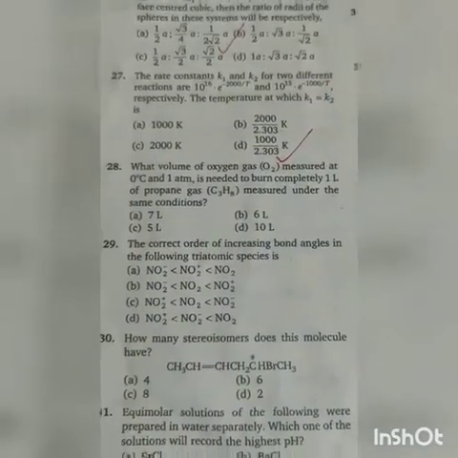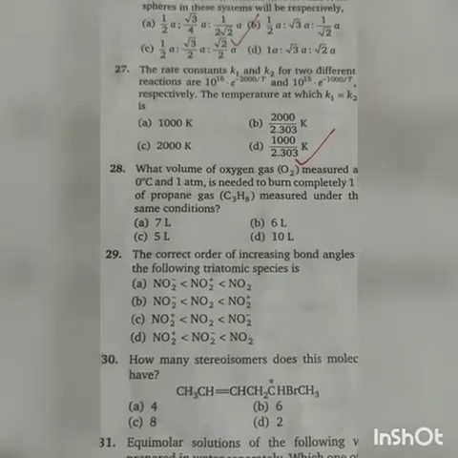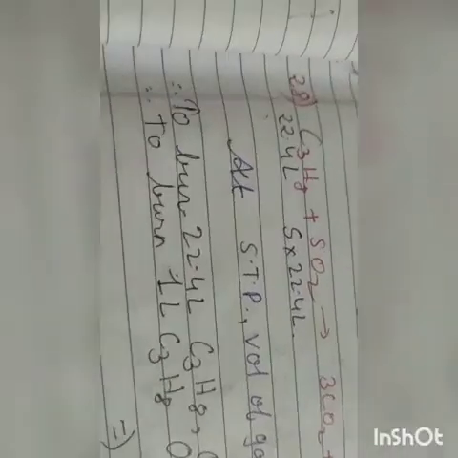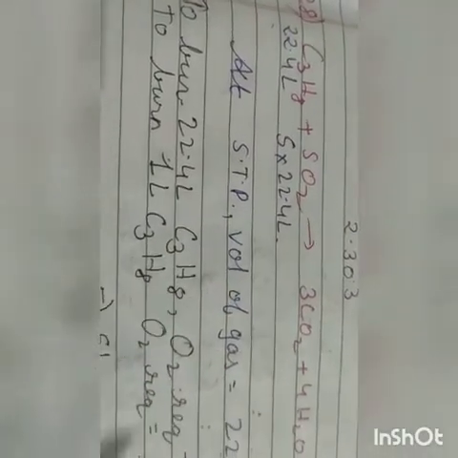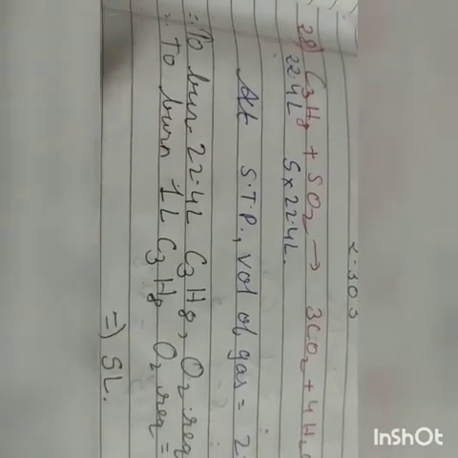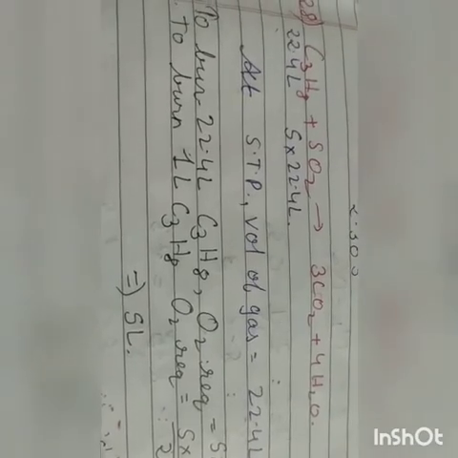Now question number 28. What volume of oxygen gas measured at 0 degrees Celsius and 1 atm is needed to burn completely 1 liter of propane gas measured under the same condition? So here is our reaction. At STP, the standard volume of gas is 22.4 liters.